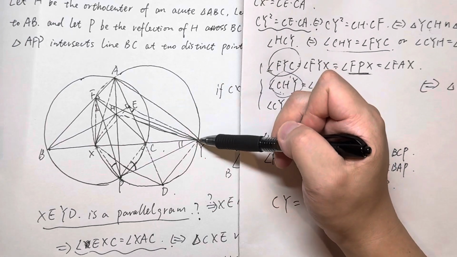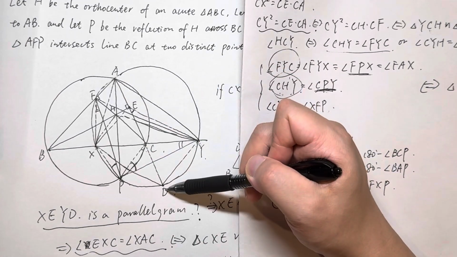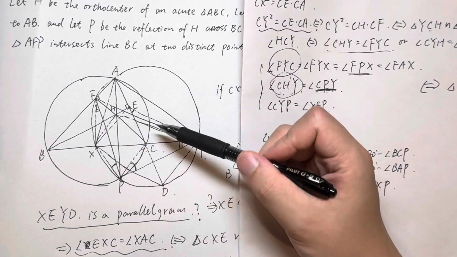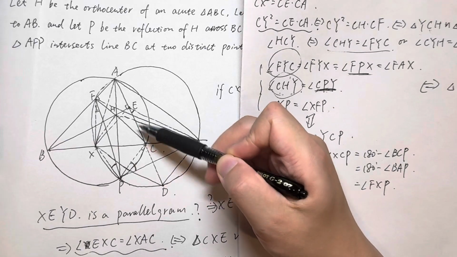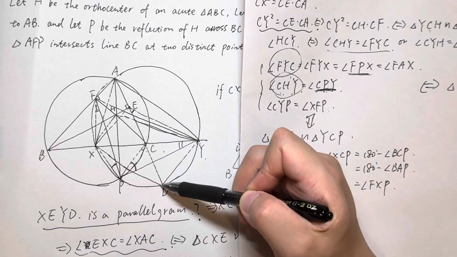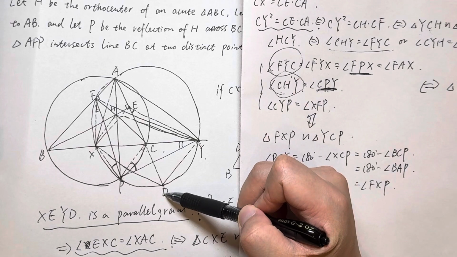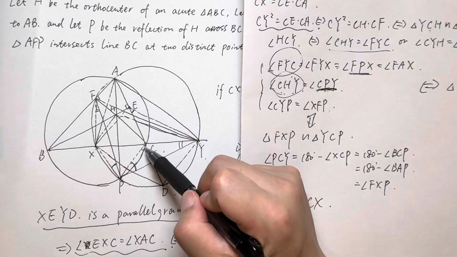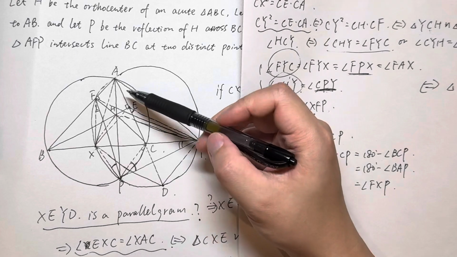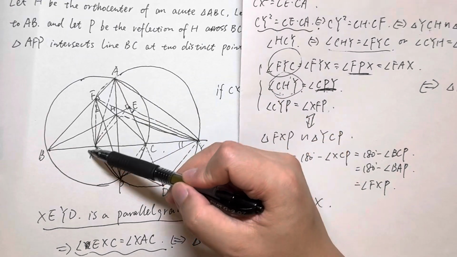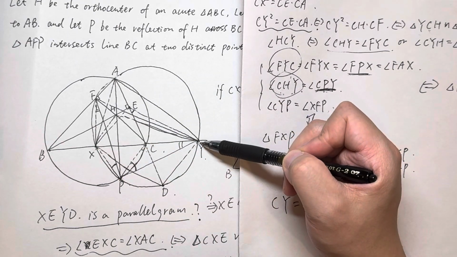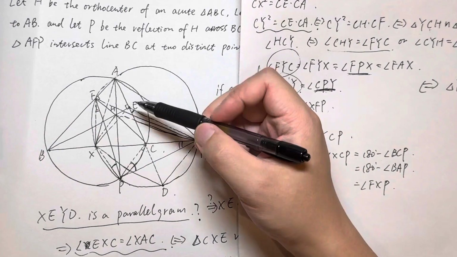And angle AYC equals angle ADX, which means the angle CEY equals angle CDX, which means EY is parallel to XD. And we just proved that triangle EXC is similar to triangle AXC, and we know that XE is parallel to YD.